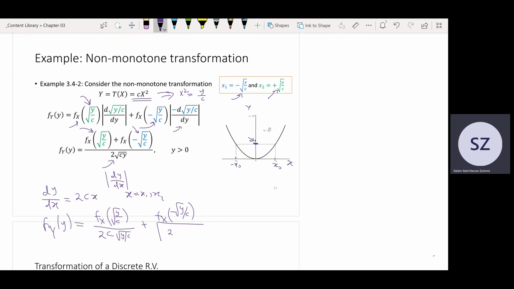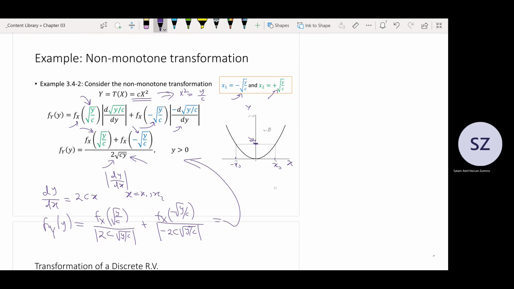So if you take the absolute value, c enters inside, and the c in the denominator cancels one of the c's here, so it will be yc. So it will be 2 times the square root of yc. And the same thing here: if you take the absolute value, the negative cancels, and you get 2 times the square root of yc, which is this one. Okay?